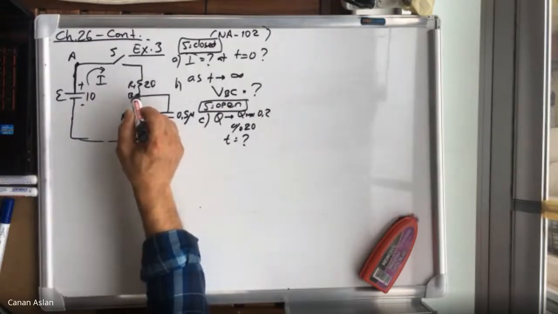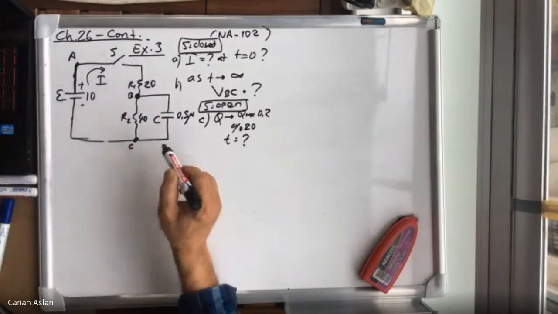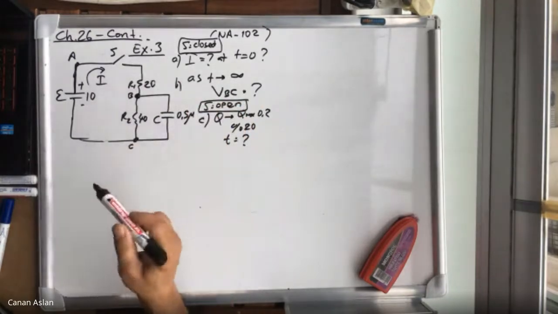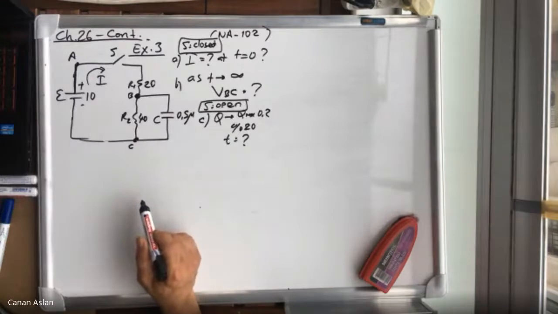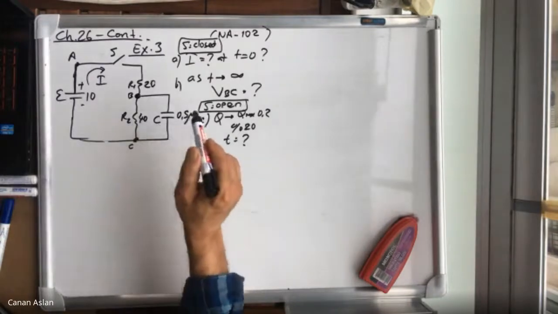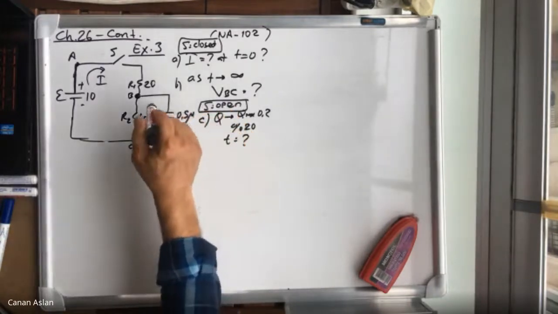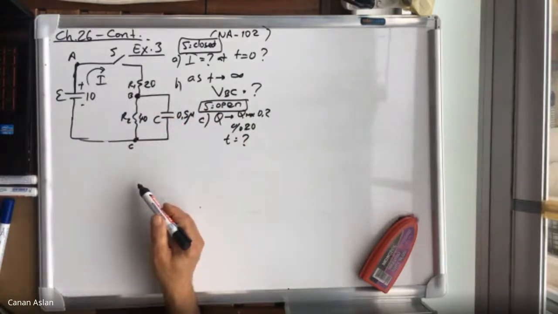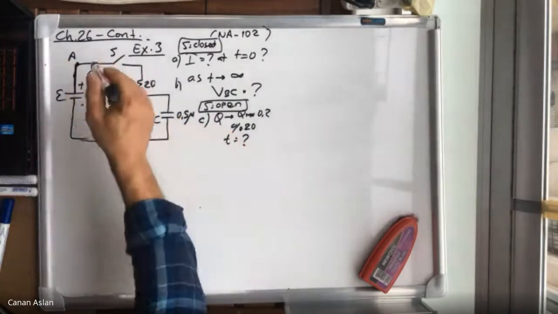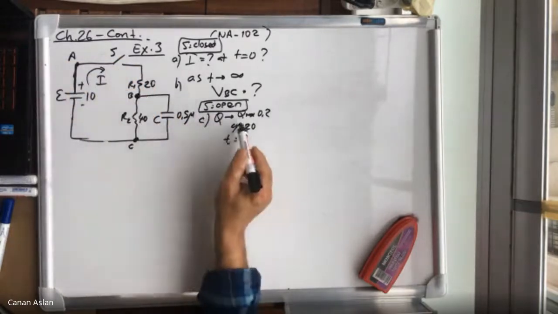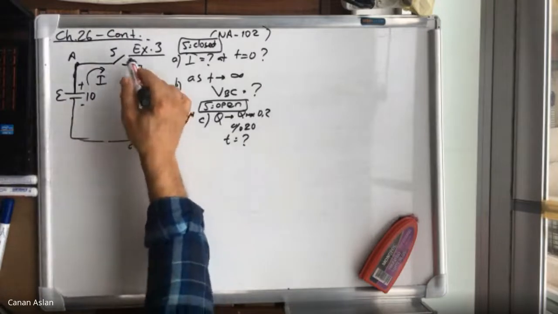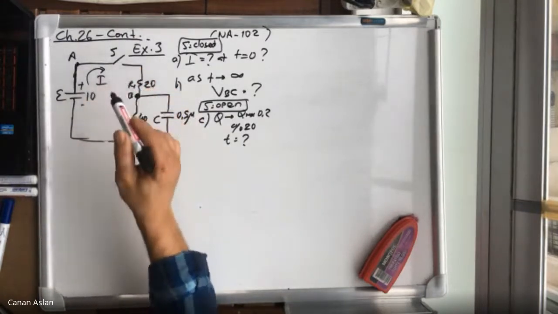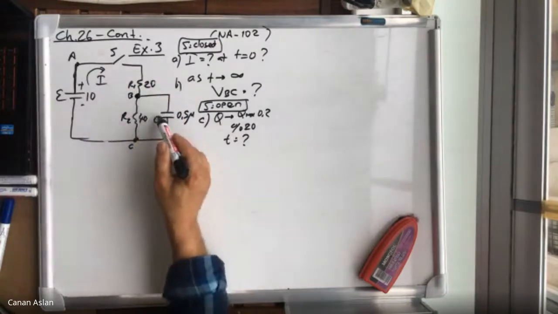voltage, or the potential difference, between points B and C as t goes to infinity, when the circuit reaches the steady state? After that, the capacitor voltage will reach its maximum value, of course, and at that instant the switch is opened again. When the switch is opened, this part of the circuit is gone, and R1 is hanging in the air, so it is not used either. We only have this circuit now.